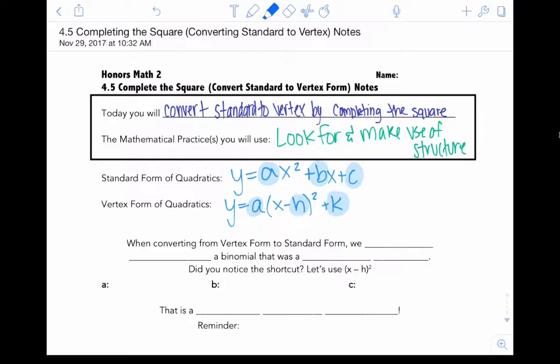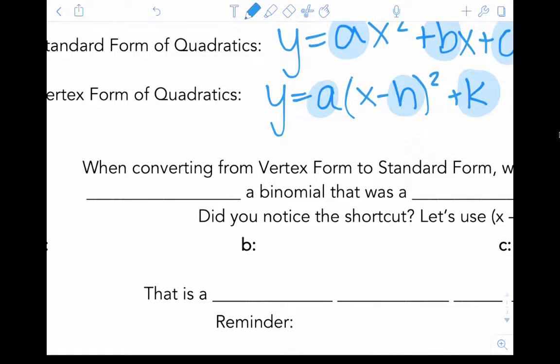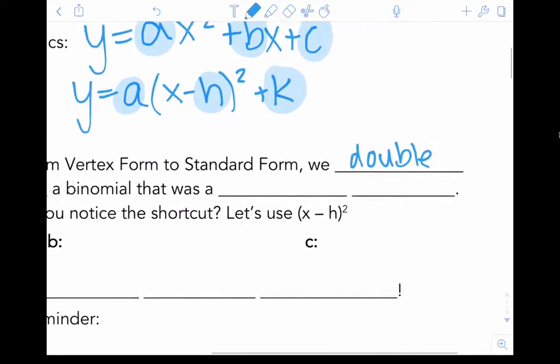So thinking back, going from vertex to standard form, our steps are first, we double distribute a binomial that was a perfect square.